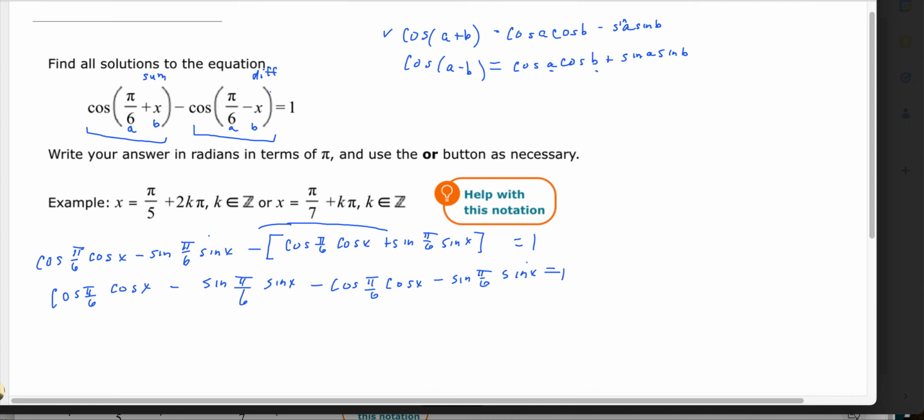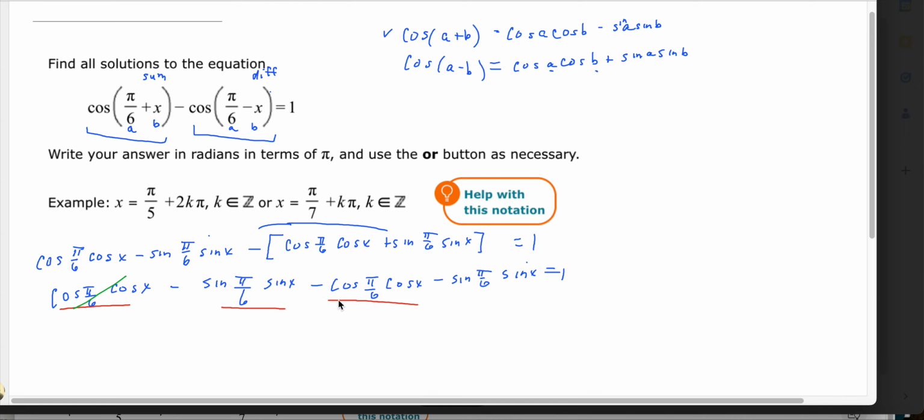So now what we want to notice is each of these expressions, like the two cosines being multiplied together, that's one term. The two sines being multiplied together, that's one term. So we have positive cosine pi over 6 cosine x, and then we have negative cosine pi over 6 cosine x. So actually those two things, when combined, make 0, in the same way x and negative x would make 0.